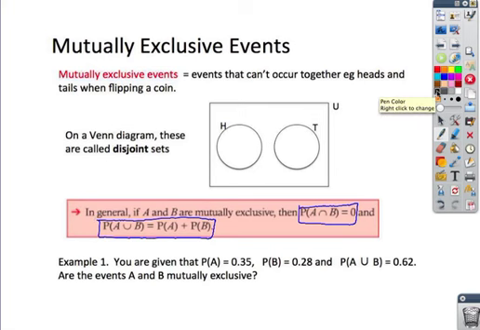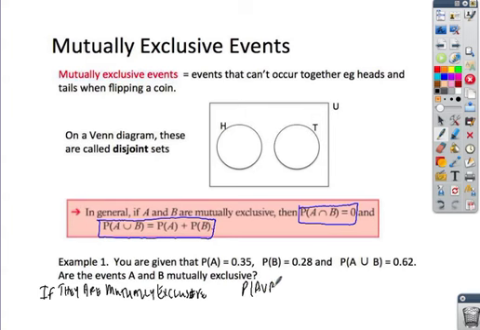The example says you're given a couple of probabilities, P(A) and P(B), and P(A union B). You're asked to find if they're mutually exclusive. This is simply a test. If they are mutually exclusive, then they must satisfy the equation. So set up the equation.